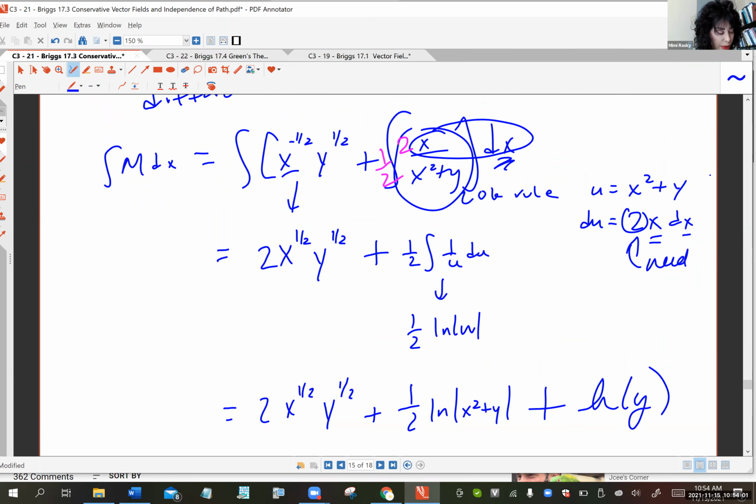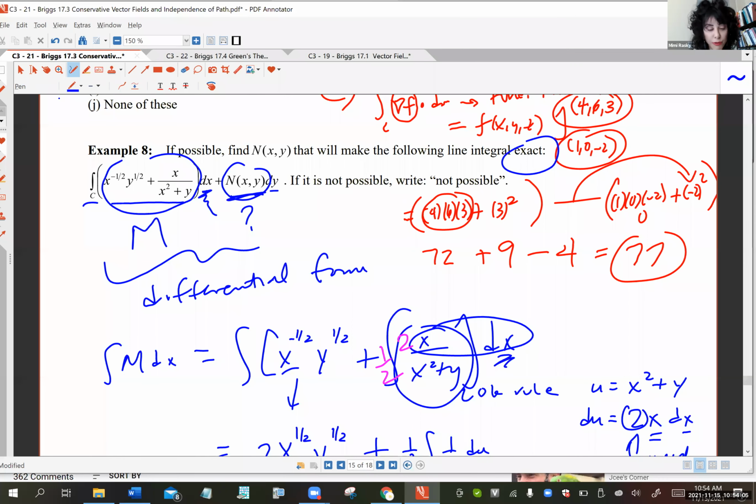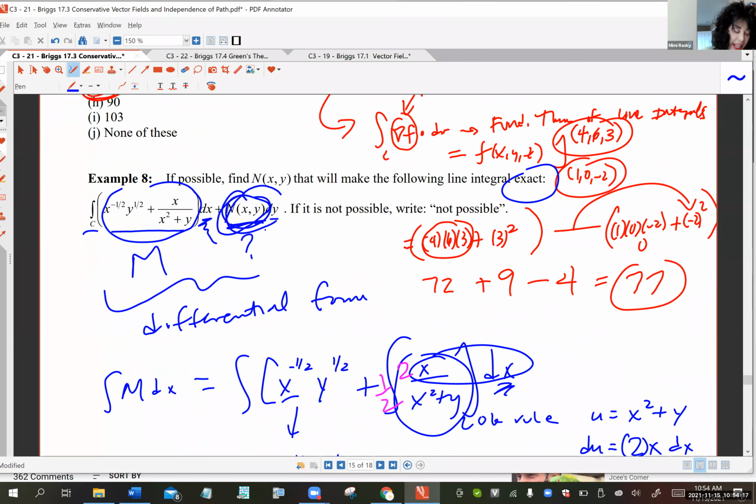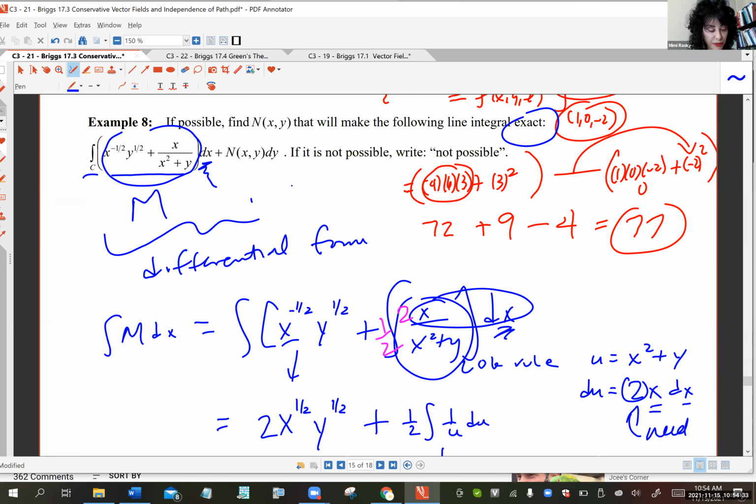Now, you're not done with the problem yet. You still have to pick, well, we got part of mama. I claim this is mama. This is our potential function here, but it's not all the way yet, because we would normally have to integrate the n with respect to y to recover the entire potential function, but they didn't give us n. In fact, they're asking us to get n so that this function would be a conservative vector field.